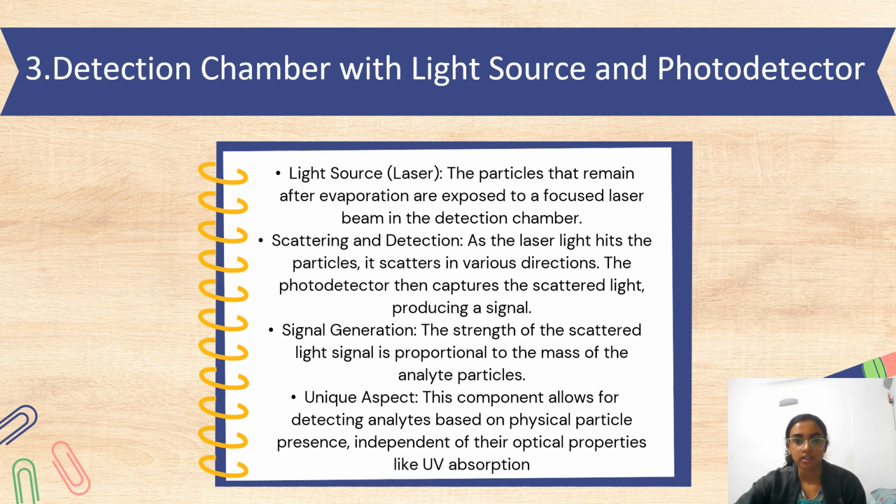The photodetector then captures the scattered light, producing a signal. Signal generation. The strength of the scattered light signal is proportional to the mass of analyte particles. Its unique aspect is that this component allows for detecting analytes based on the physical particle presence, independent of their optical properties like UV absorption.